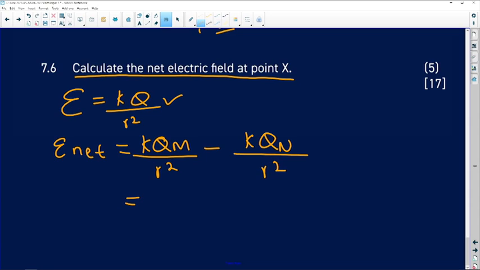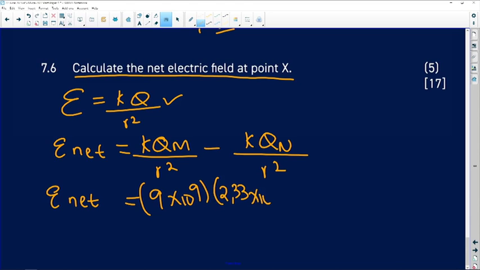So we say E net, our K is 9 times 10 to the power 9. Do we know the charge of M? We have calculated it, so this will be 2,33 times 10 to the power negative 6, over the distance from M to X, which is 0,4, and don't forget that it is squared.